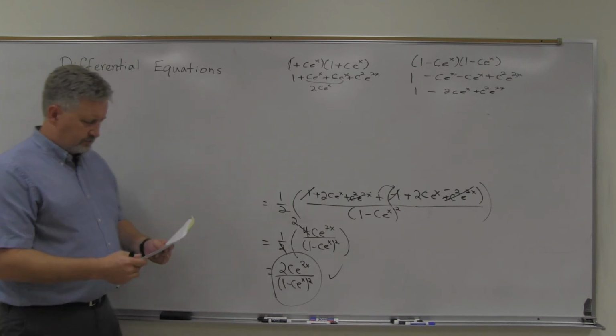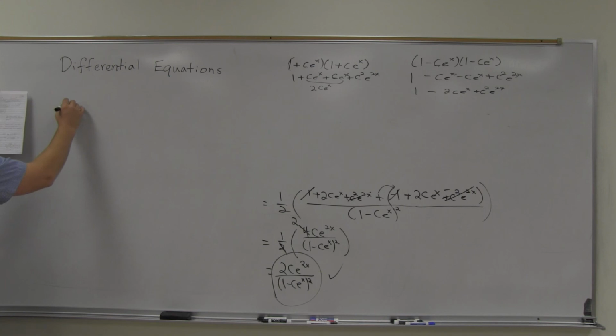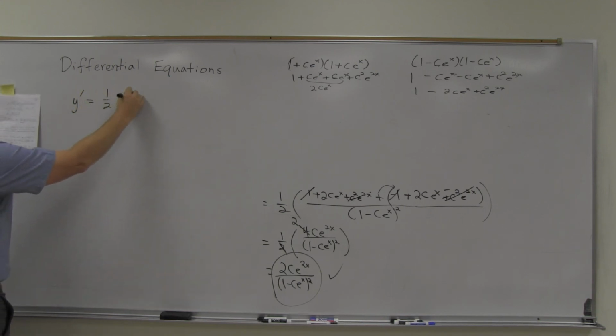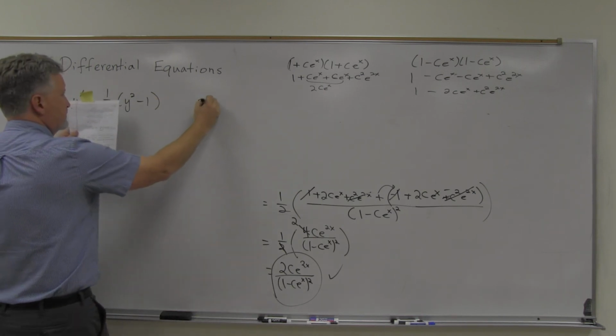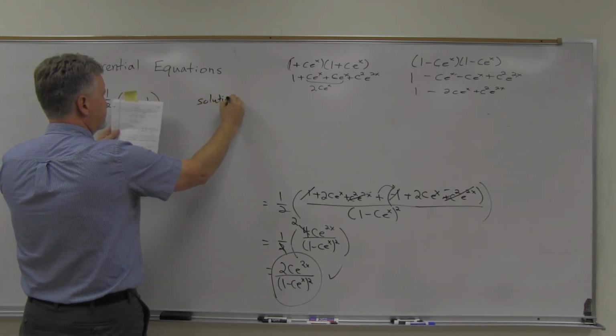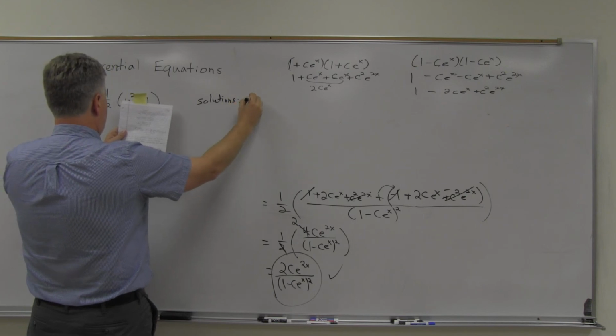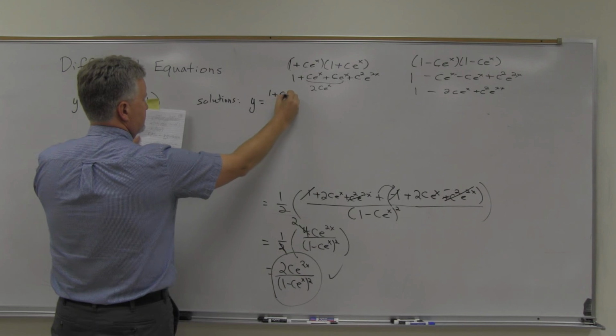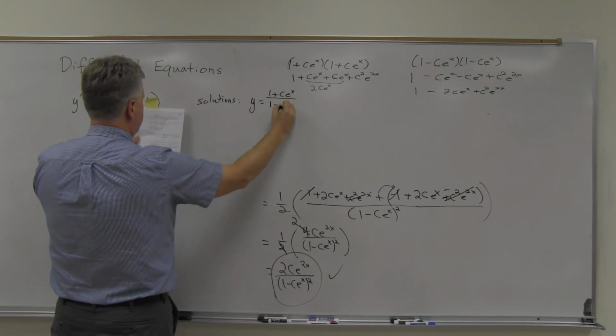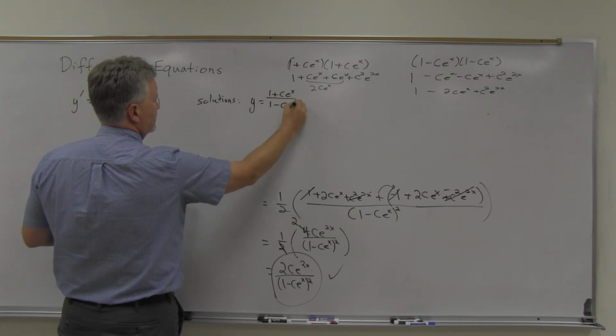So the solutions here, what was it? y prime equals 1/2 (y squared minus 1). That was my differential equation. And so the solutions are y equals 1 plus c e to the x over 1 minus c e to the x.